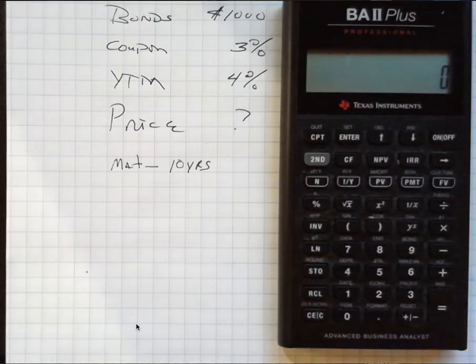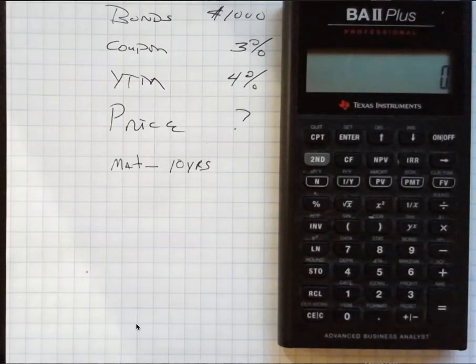Okay, so as I said, how do we determine the price of a bond? What really is it? It's nothing more than the present value of a future value plus the present value of an annuity stream. So I know that at the end of 10 years, I'm going to get $1,000 back.